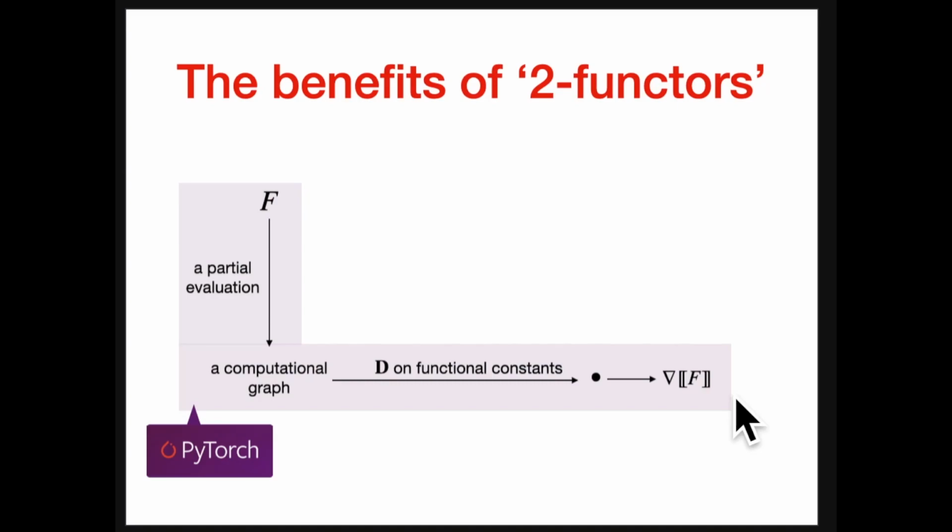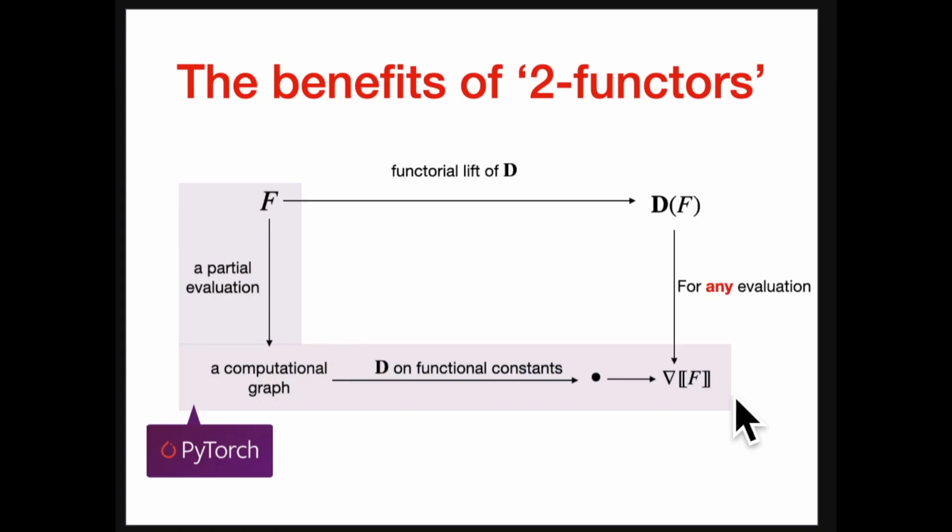But actually, with this functoriality principle, many other strategies are possible. In fact, we are now able to apply D directly to the higher-order program F, getting a new functional program D of F. Because of the functoriality principle, D of F preserves all the structure of the original program F, so it's very similar to the original program F. It's just that the ground types and the primitives change.